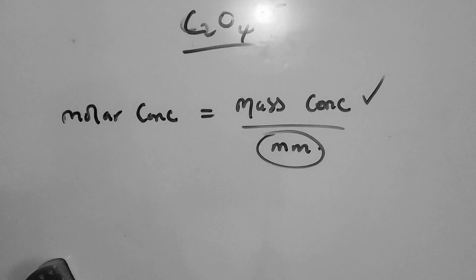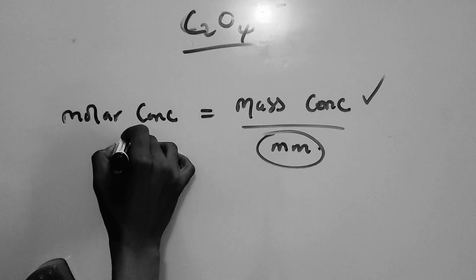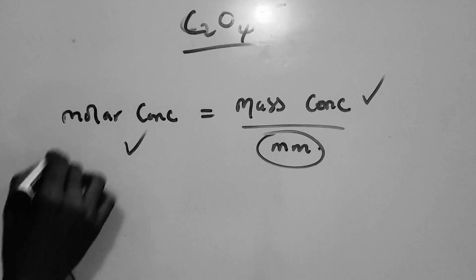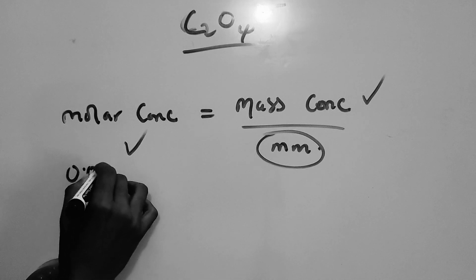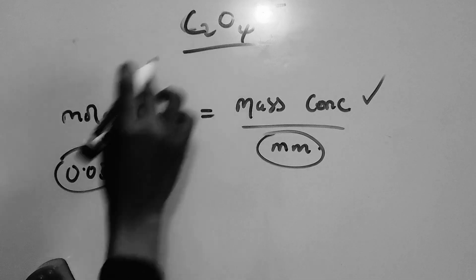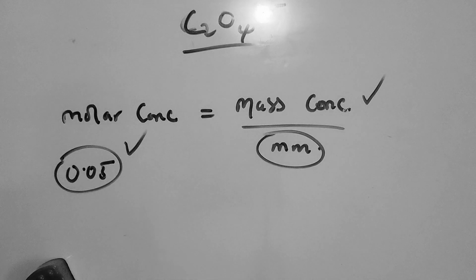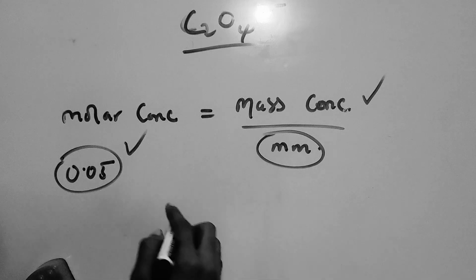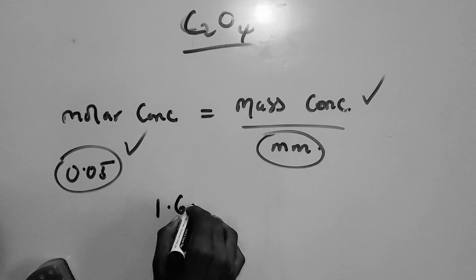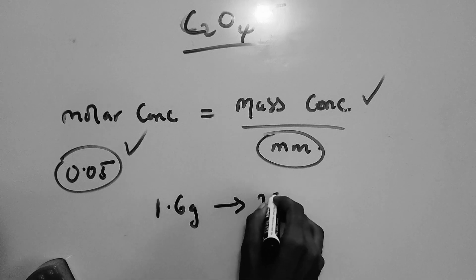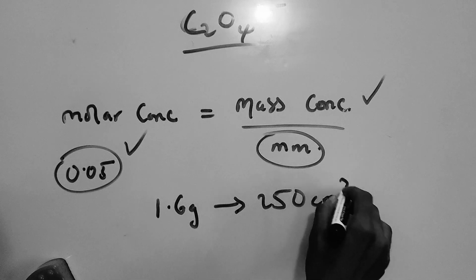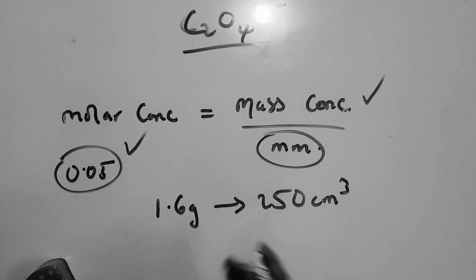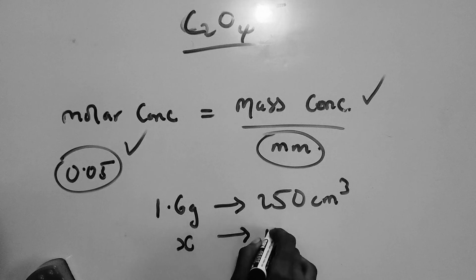Mass concentration, we can get it, right? Molar concentration, we just solved it. We just got this to be 0.05 for the oxalic acid. What is the mass concentration in gram per dm cube? You were served 1.6 gram from your procedure in 250, right? So we are working in dm cube, so how much will be in 1000?